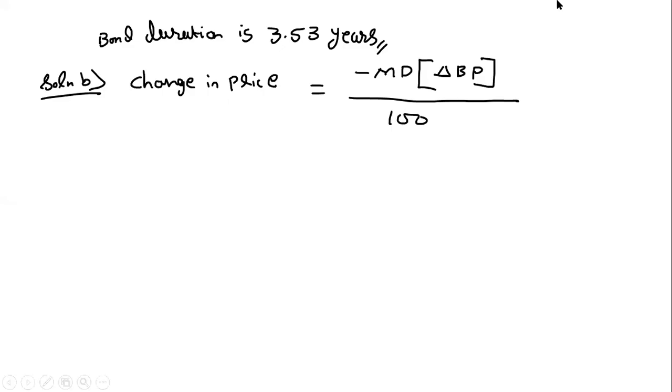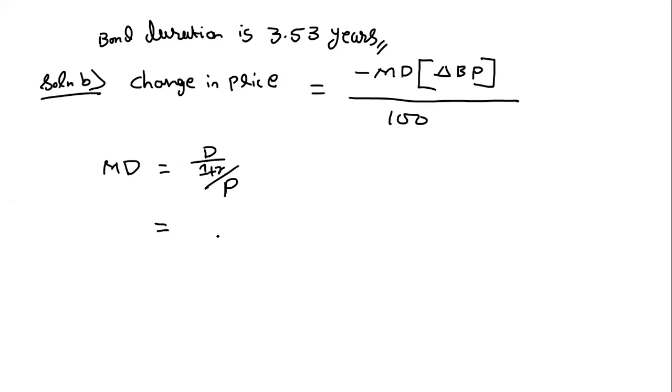So let's calculate the modified duration first. Modified duration is equal to D divided by 1 plus R divided by P. So D is the duration, R is the market yield in decimal, and P is the interest payment per year. So let's put it in the formula.